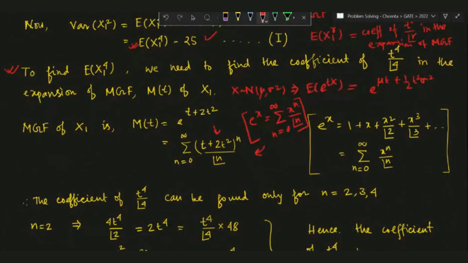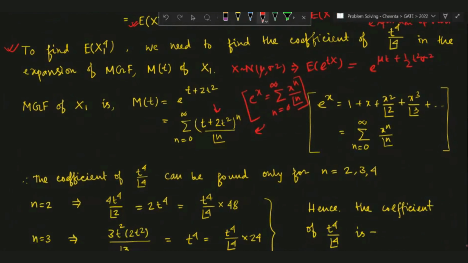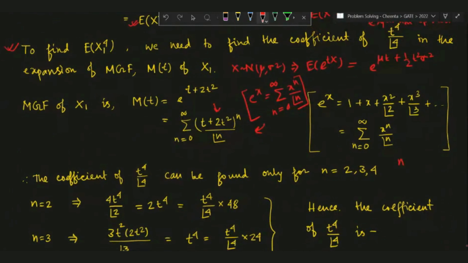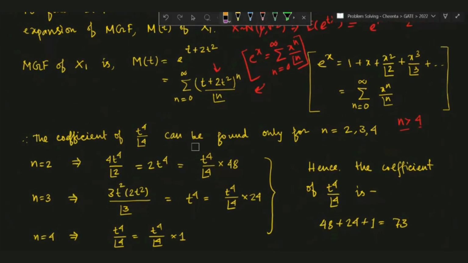The coefficient of t to the power 4 by 4 factorial can be found only for n equal to 2, 3, and 4, because for n greater than 4, that is n greater than or equal to 5, the minimum power of t will be t to the power 5, which is not required here, because we need only the t to the power 4 terms.